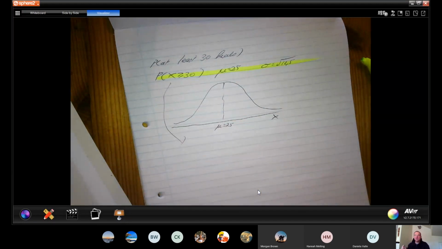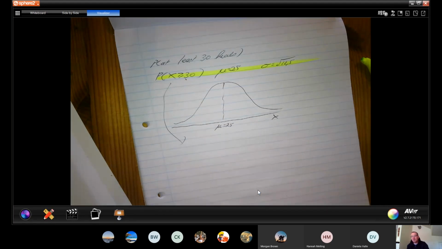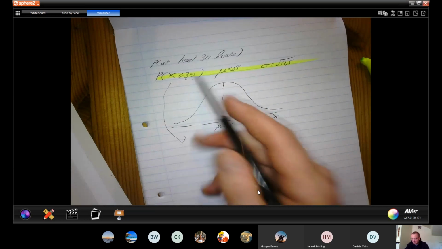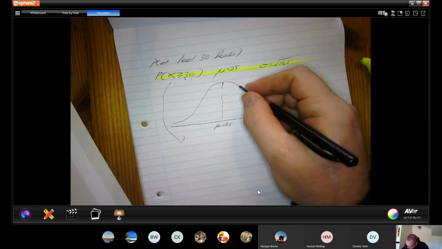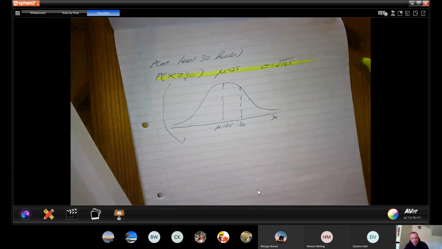In a normal question, whether it's greater than or equal to or greater than doesn't matter, because the probability that x is equal to 30 is 0. But we're using an approximation, so we have to do this continuity correction. We want to include 30, since it says at least 30 heads. Where's 30? It's a bit to the right, so I'm going to put 30 over there and draw in a bar.